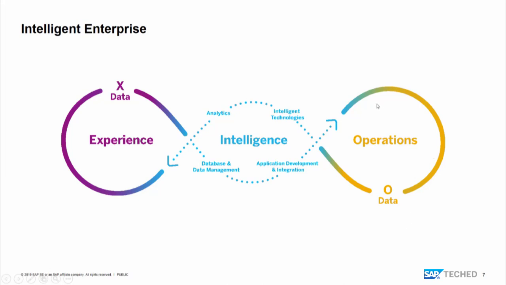With the intelligent enterprise and the intelligent enterprise suite, he did mention that we want to come out with a couple of end-to-end scenarios, and I'm going to talk about them in just a moment more in detail. But we'll have a couple of scenarios that will go across SAP applications and be fully integrated all the way from the database to the user experience. So you will find intelligence built into those applications, of course.